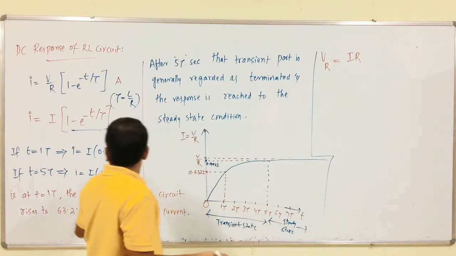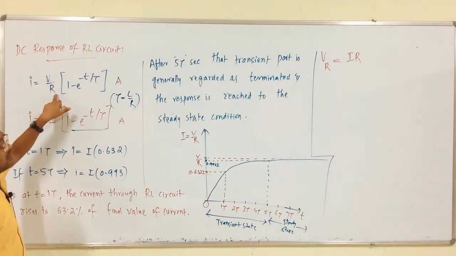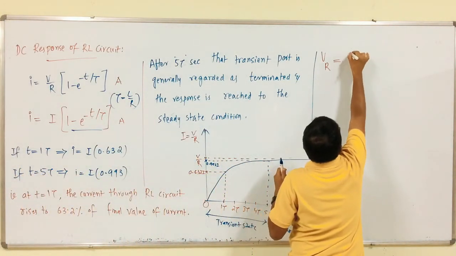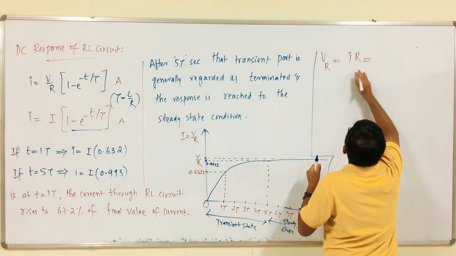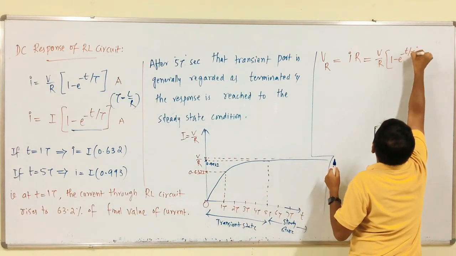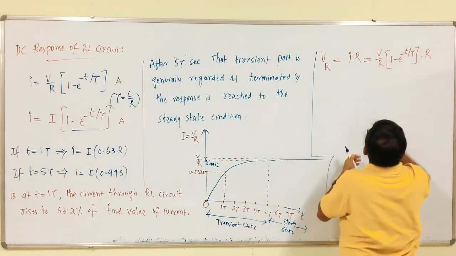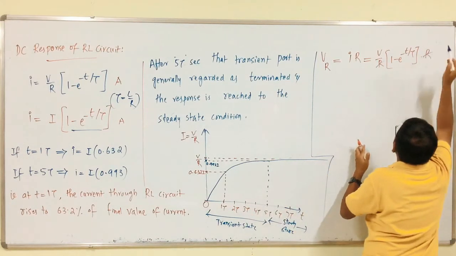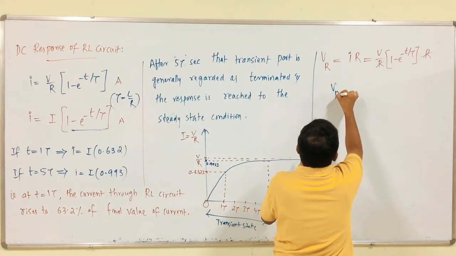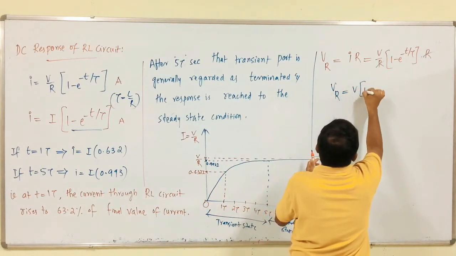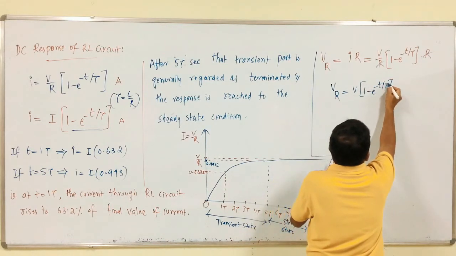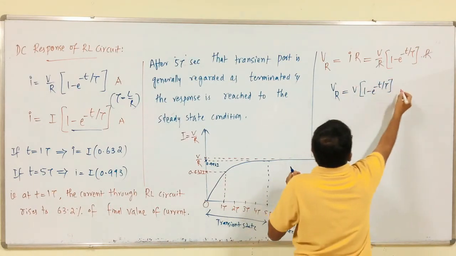I is equal to V by R into 1 minus e power minus t by tau. So, I into R is V by R into 1 minus e power minus t by tau into R. These cancel. Therefore, the voltage across the resistance equals V into 1 minus e power minus t by tau volts.